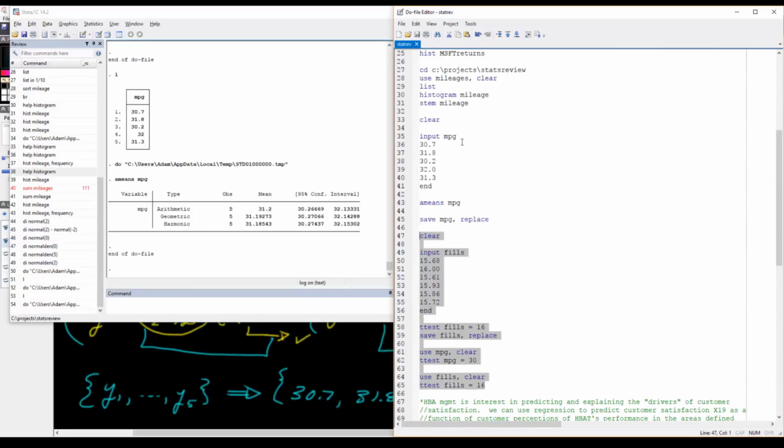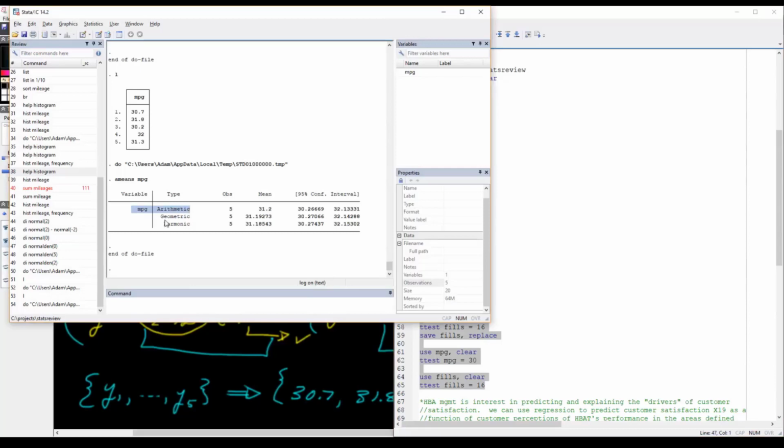But back to the confidence interval, let's see. The arithmetic mean, there's also the geometric and harmonic provided. The geometric mean, you've probably heard of that before. You've probably studied it in finance classes, but we'll just look at the Y bar. And the 95% confidence interval is 30.27 to 32.13.